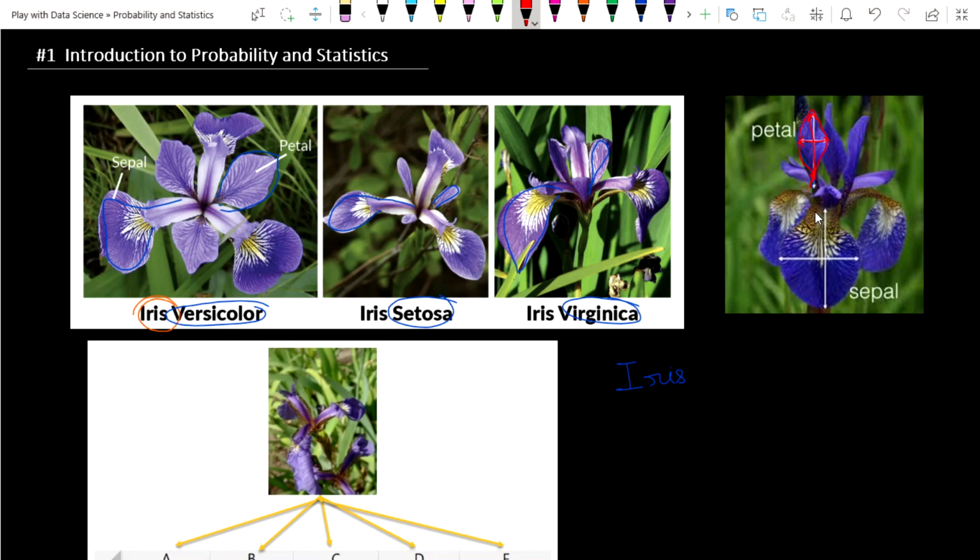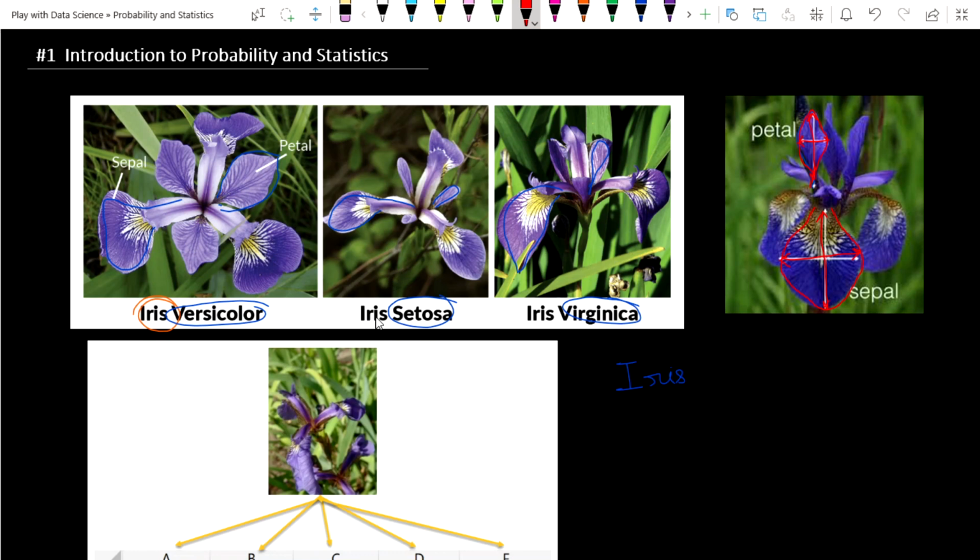Similarly for sepal, we have taken the sepal length and the sepal width. So mainly these four features we have taken to generate our datasets for the classification of the three groups of flowers: petal length, petal width, sepal length, and sepal width. Based on these four features, we have classified these three flowers.